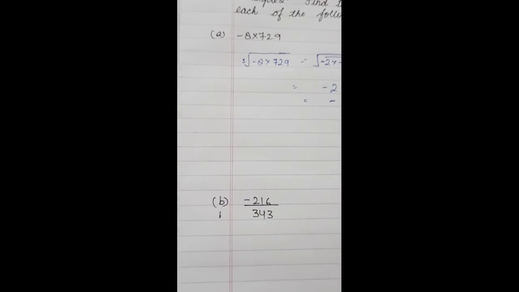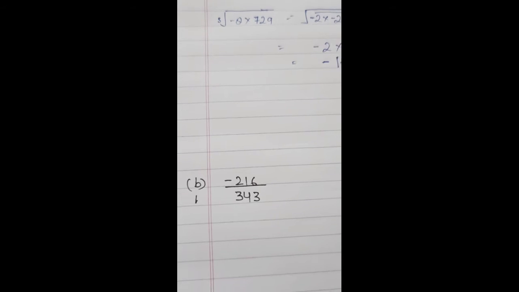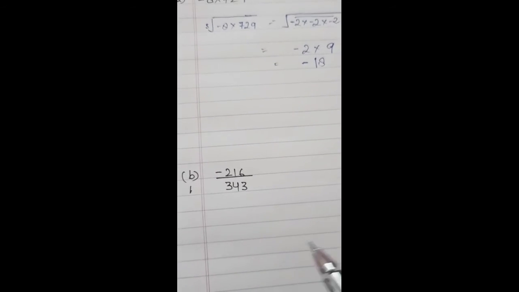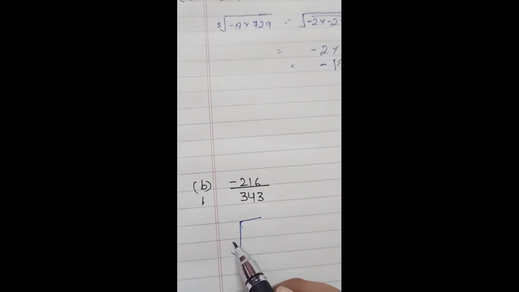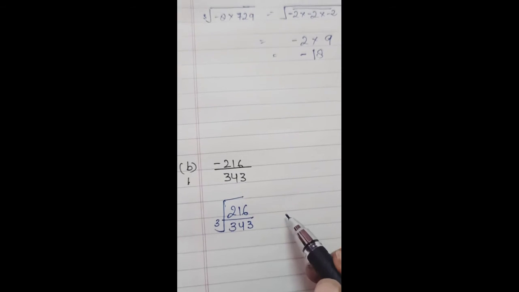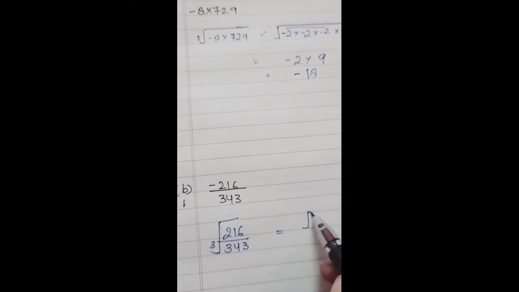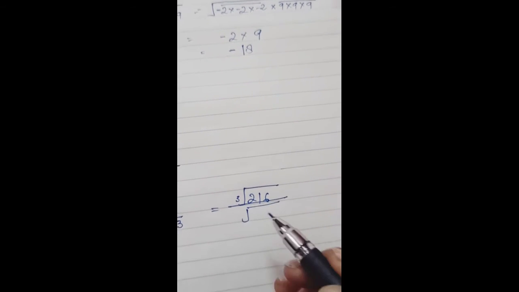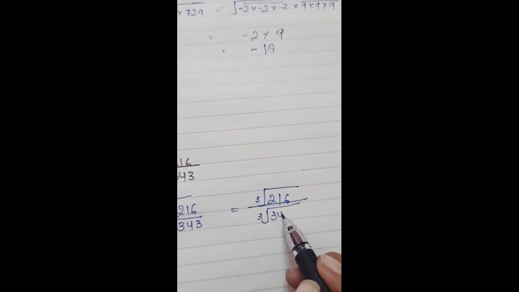Next one, 216 by 343. So the cube root of 216 by 343. We find the cube root of the numerator and then the cube root of the denominator.